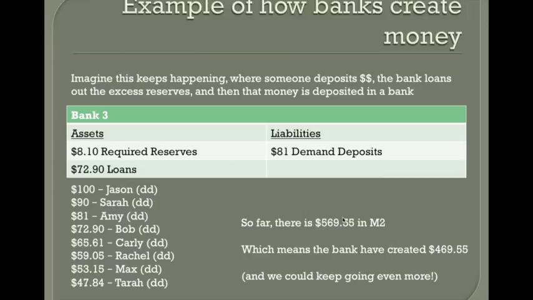There's now $569.55 in M2. If you were to add up all these numbers right here, that's what you get, $569.55, which means that from that initial $100, the bank has created $469.55. And we could keep going even more. I just stopped because I got tired of using my calculator to figure it out.